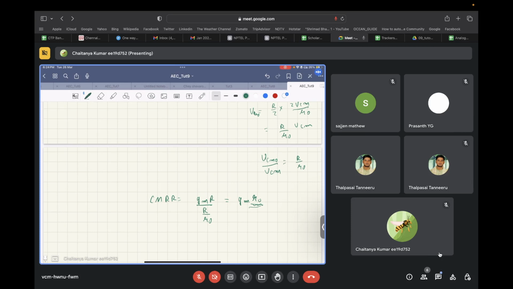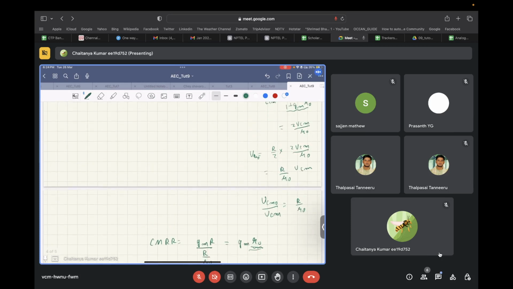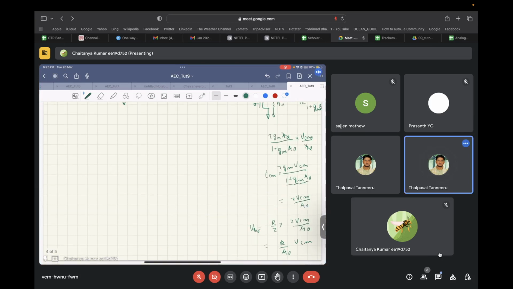So let's see if there is any other way to increase the output resistance and the CMRR. One thing we can think of is increasing R naught with the help of ID. We can increase ID, then R naught will increase.